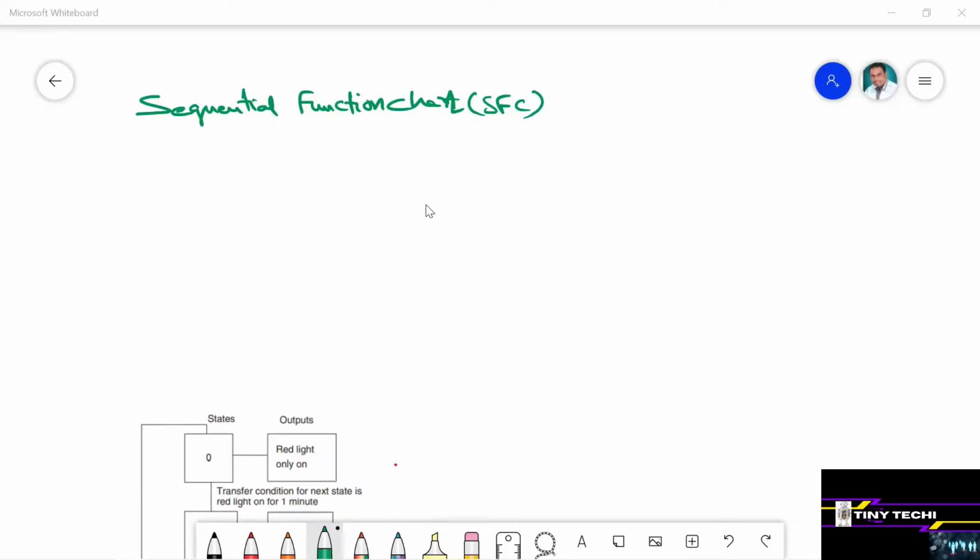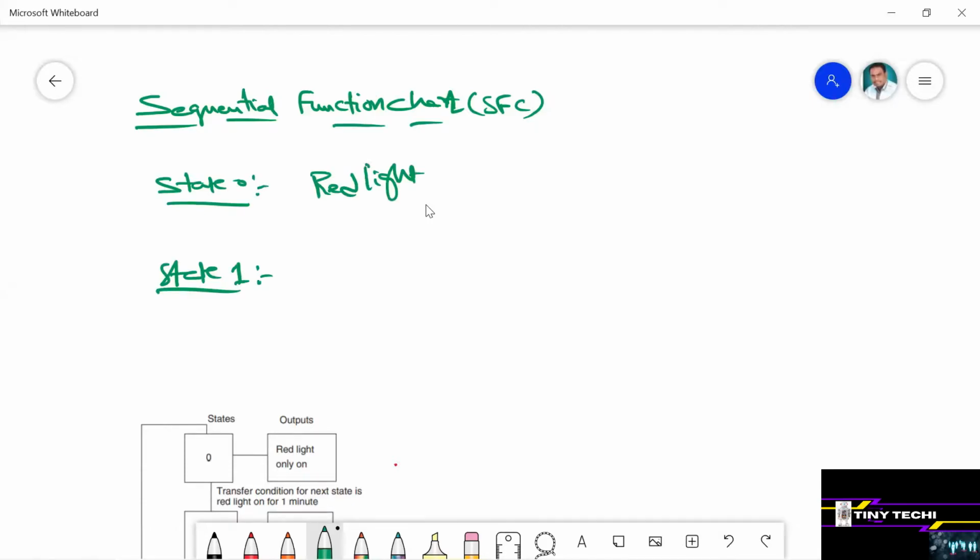So based on it, we define the states of the red light and green light, along with the inputs and outputs of each state. For example, you can take two states here in a traffic light example, state 0 and state 1. In state 0, the red light will be on for 1 minute.